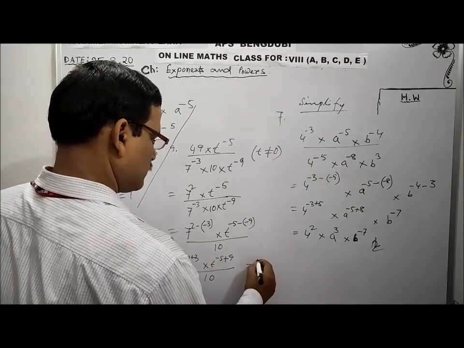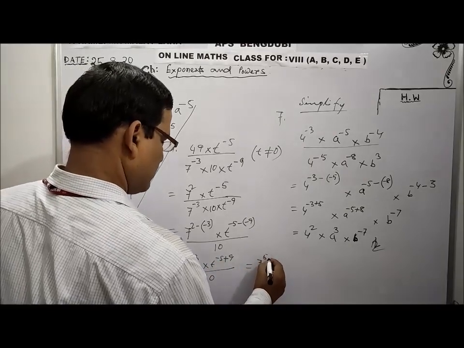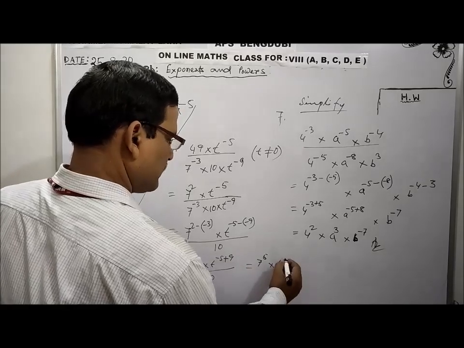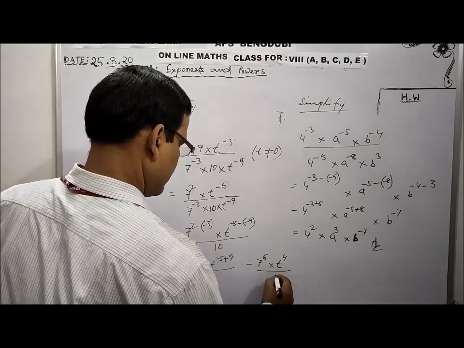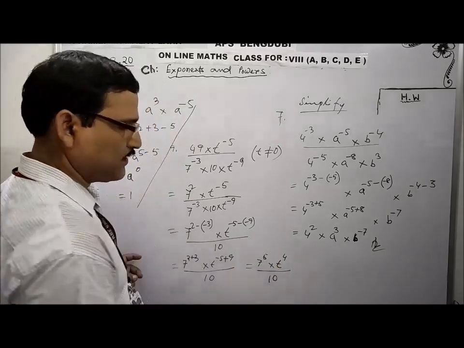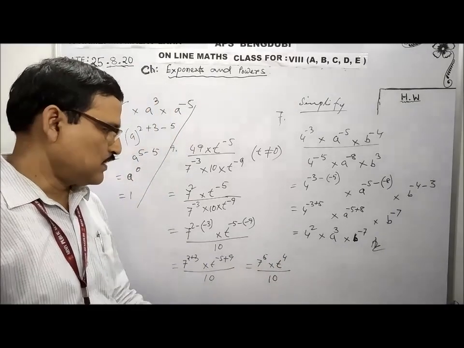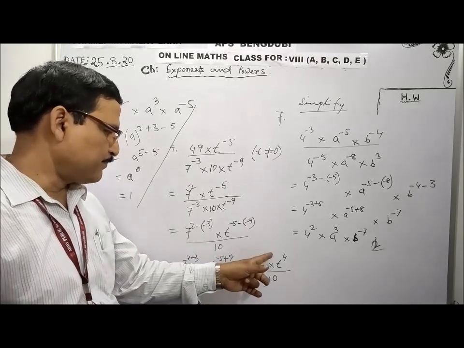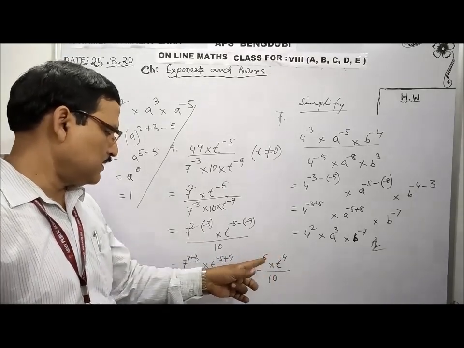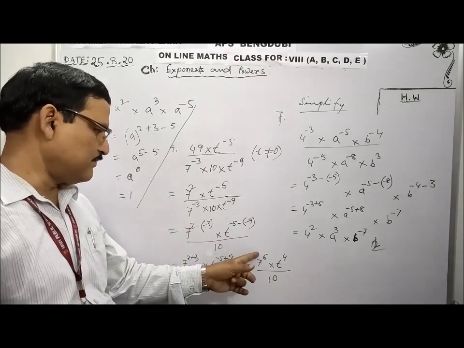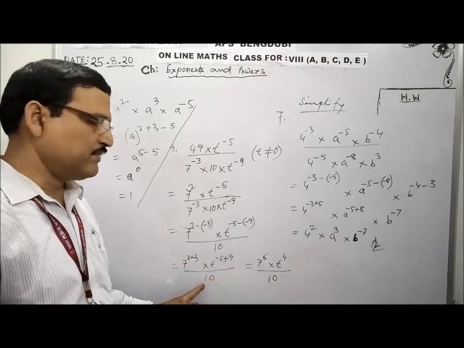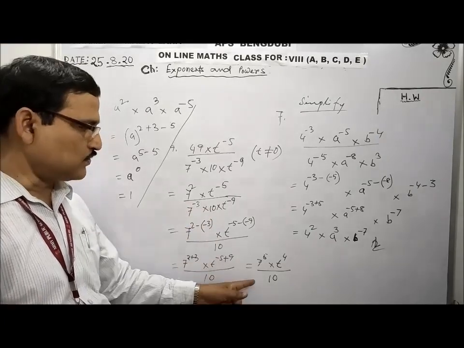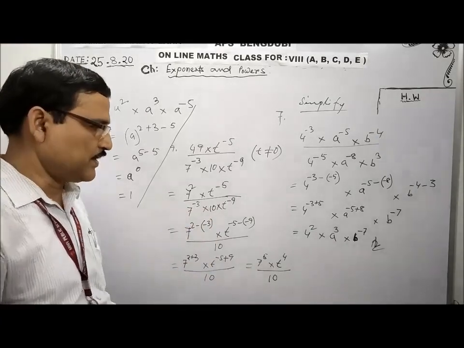So that equals to 7 raised to 5 into t raised to minus 4 divided by 10. Okay, up to this much. I cannot reduce further. After subtracting, I am getting 4 as the power of t, after adding, I'm getting 5 as the power of 7 and 10. There is no part any with the 10 to be calculated here. So 10 will be denominator as it is. Okay, this is the answer.